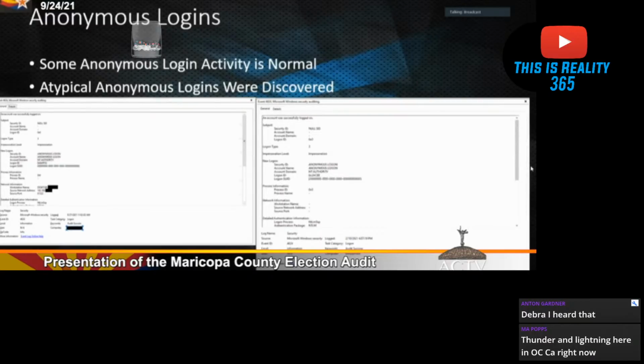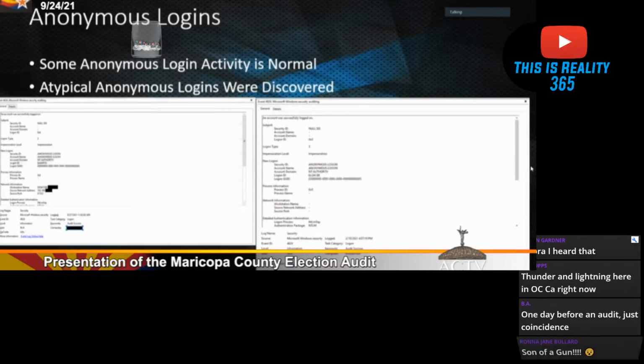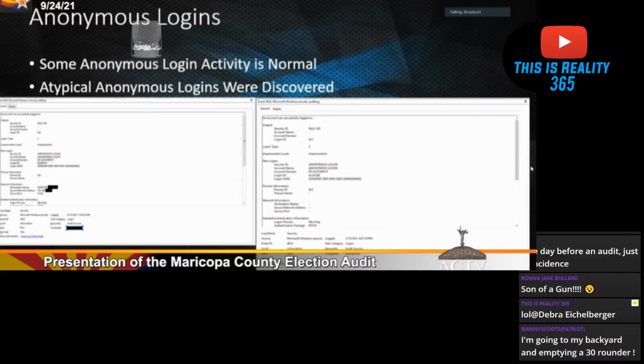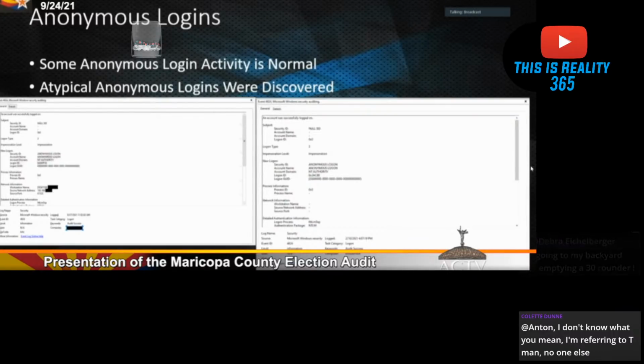You don't have a host name of the originating device. And furthermore, when I look at these in context of the actual security log itself, there is no validation of a user's credentials immediately following this. There are hundreds of these types of anonymous logins in the security logs that we do have.